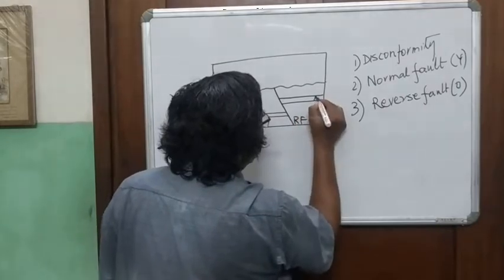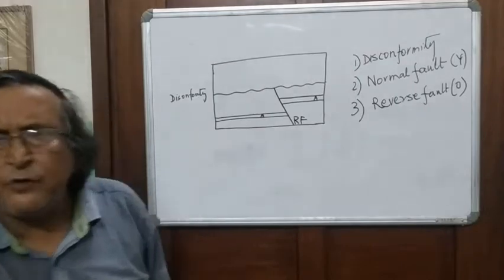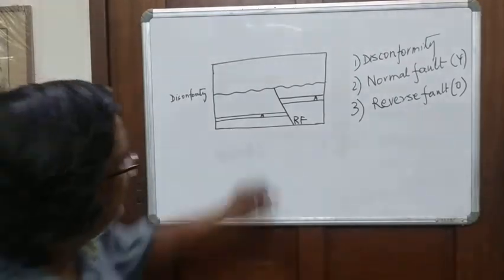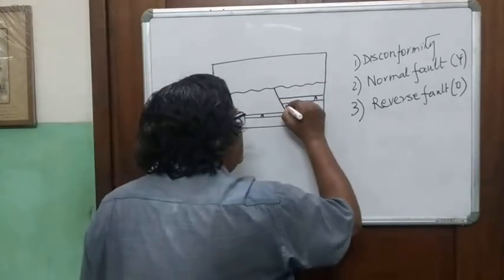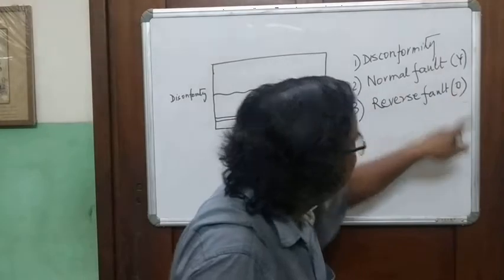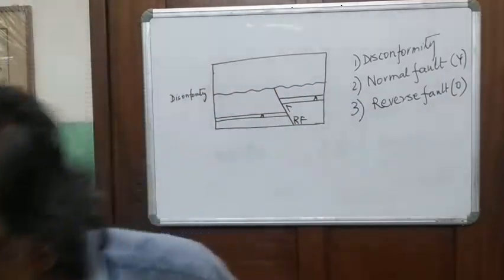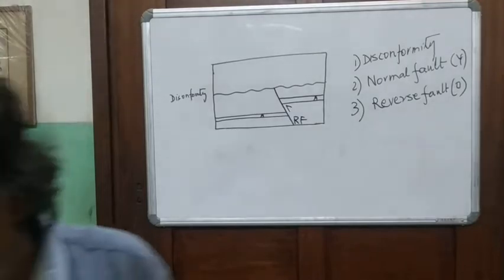Let me name this A, and this B. There are other sedimentary layers, but without making it very complicated, I'm just putting one sedimentary layer, A. The movement is reverse fault. But it says the reverse fault should be older. Fine, relative to the normal fault.